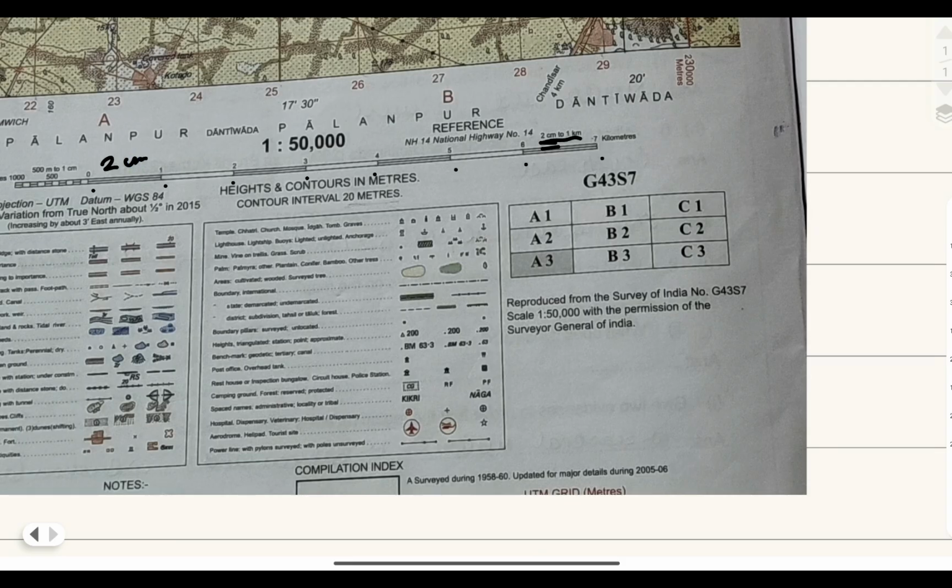And the third scale is 1:50,000. That is the representative fraction. 1 unit on the map is represented by 50,000 units on the ground.